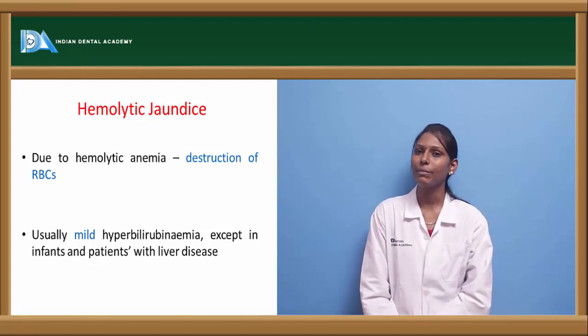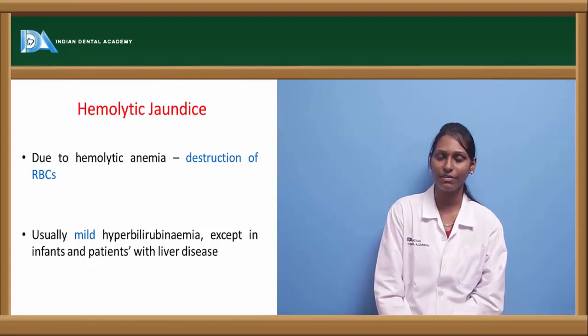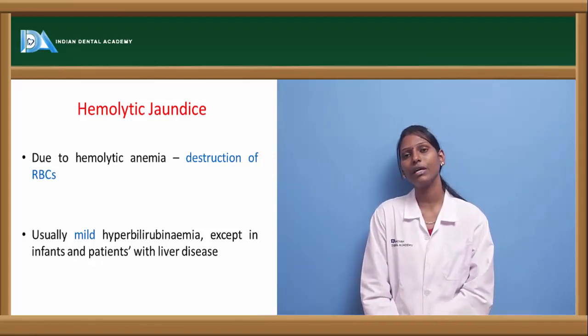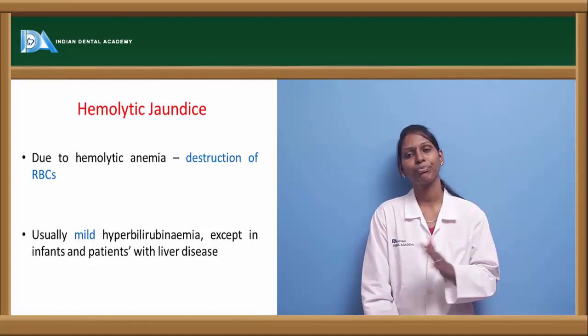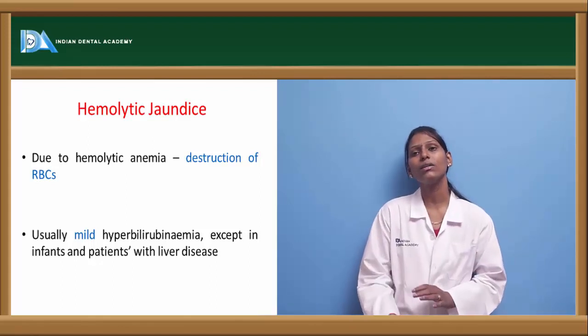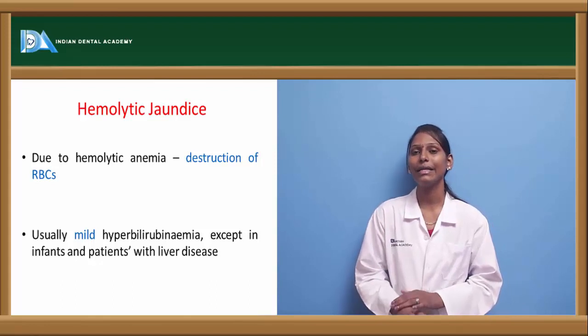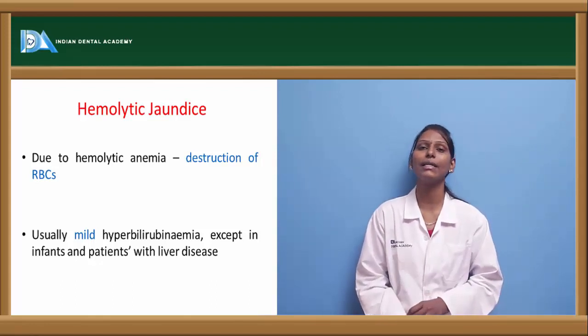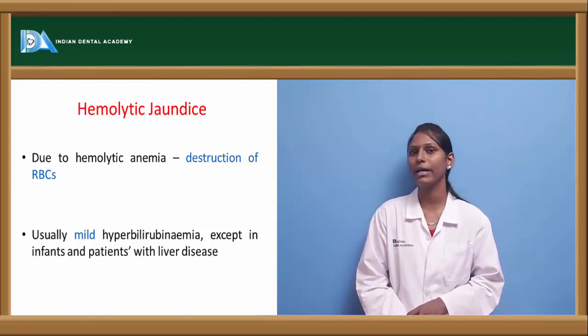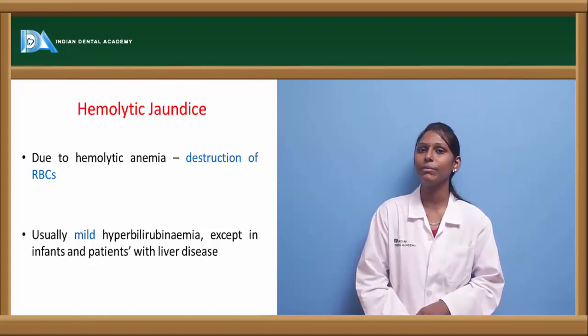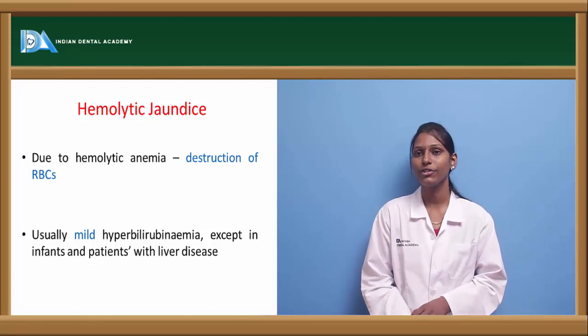Usually, mild hyperbilirubinemia is seen in these cases, except for infants and patients with liver diseases. If the underlying cause of the hemolytic disease is treated, then the jaundice can also be treated. Other causes include infection-induced hemolysis and high temperature-induced hemolysis, where there can also be a mild increase in bilirubin, resulting in jaundice.